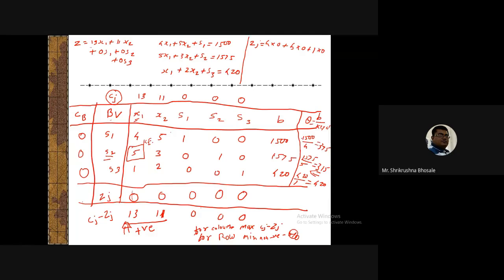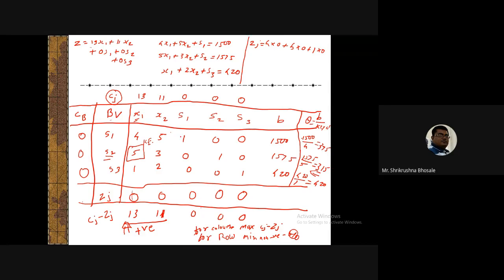As in the Z function, we have to calculate the value. We have not done anything here. Then s1 is present in the first equation, so the coefficients of the first equation are written here. 4, that is the coefficient of x1. 5, coefficient of x2. 1, coefficient of s1. s2 and s3 are not present, so it's 0. Then the b value, that is the right hand side value, 1500.